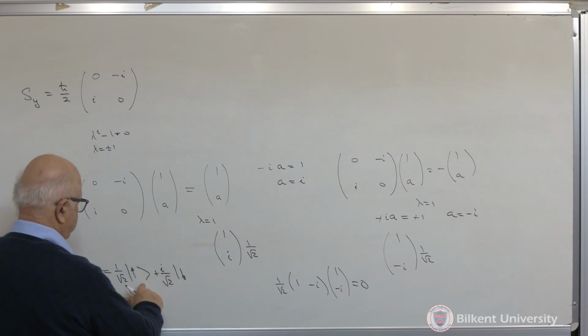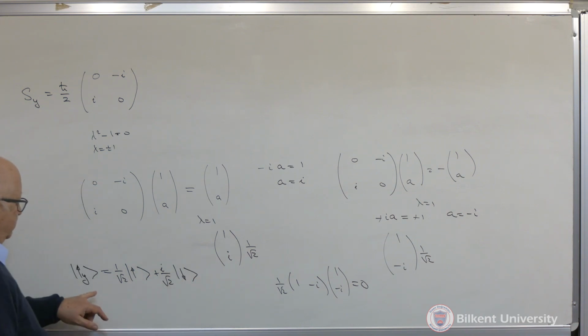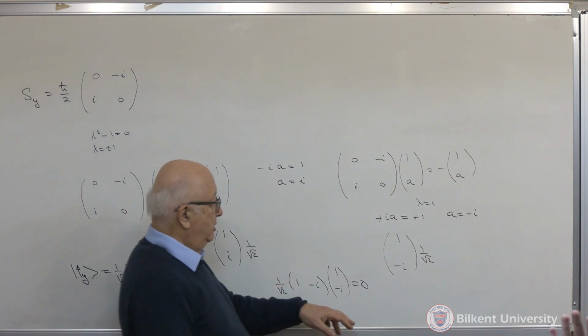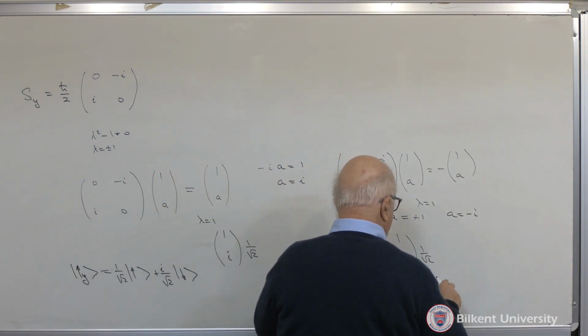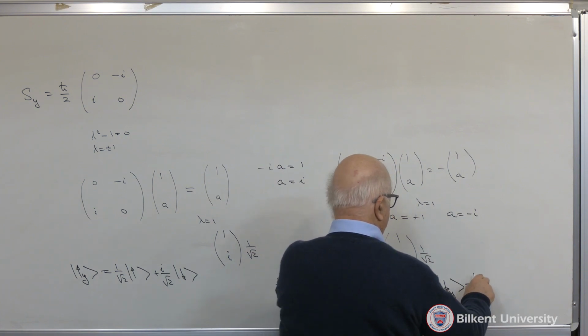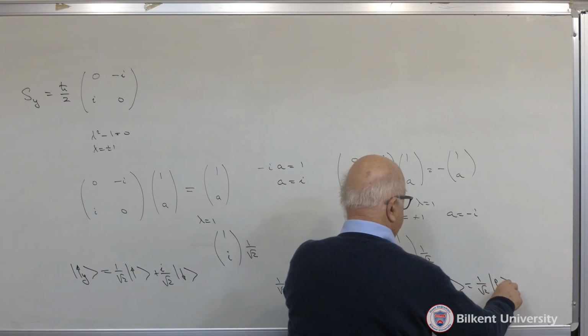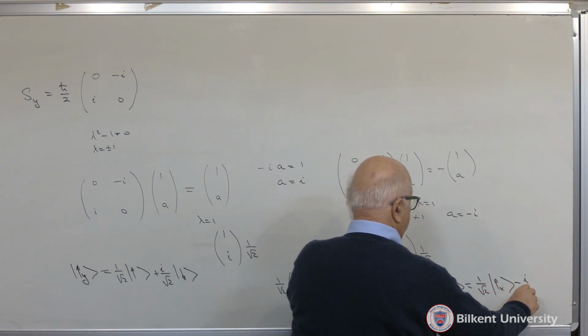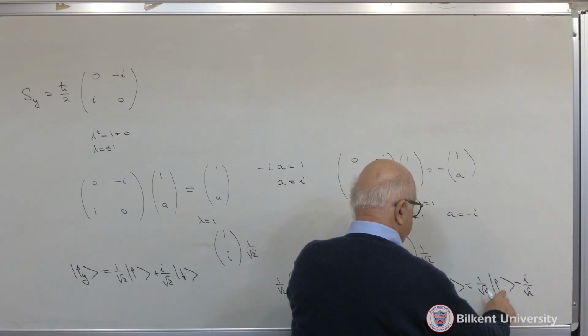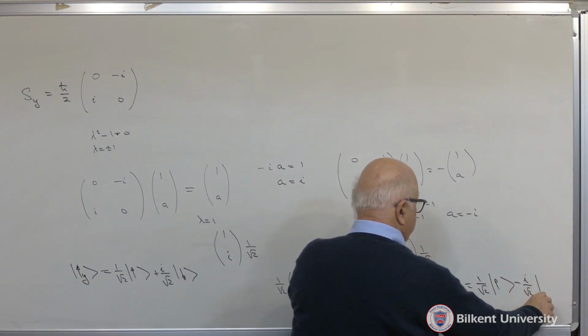I'll just drop the z's. So that's what up y is. And down y is 1 over root 2 up x minus i over root 2. I'm sorry, this is just up z, down z.